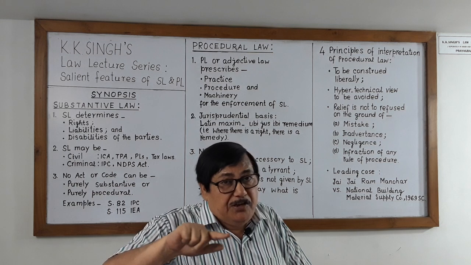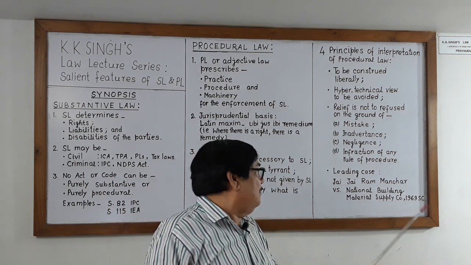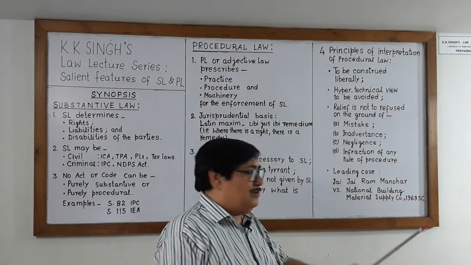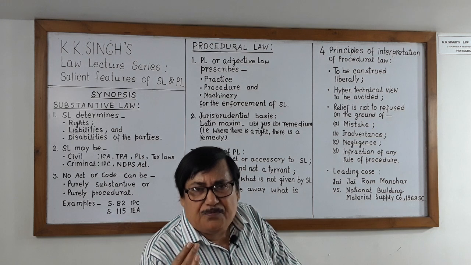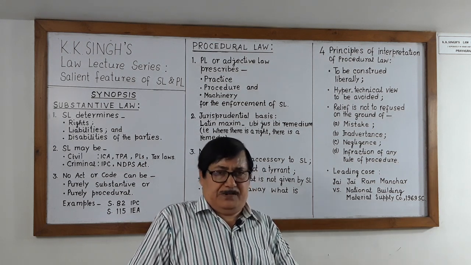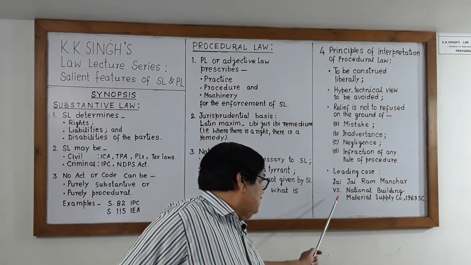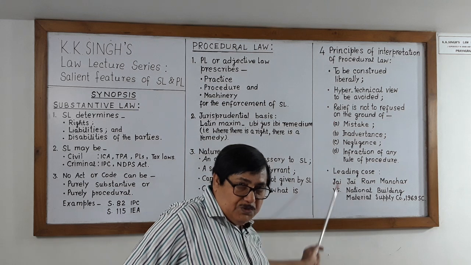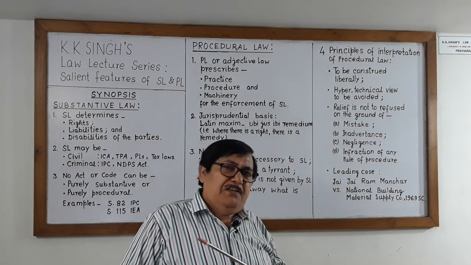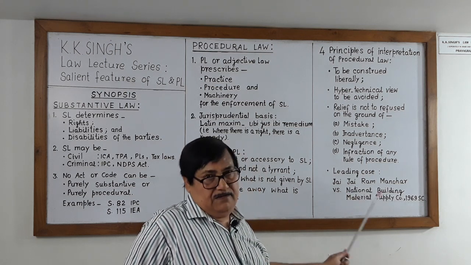A hyper-technical view is to be avoided. Mere mistake, mere inadvertence, mere negligence, or a little infraction of a rule of procedure is not a valid ground to deprive a person of his right. This is the leading case covering all these points. Interpretation of rules of procedure, very well elaborated by the Honorable Supreme Court in this case.